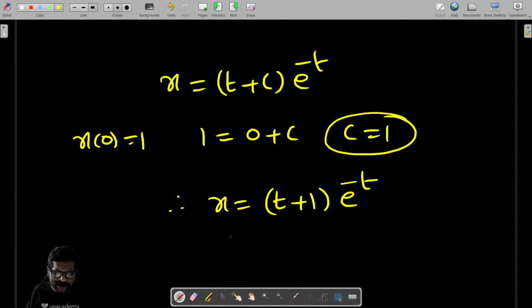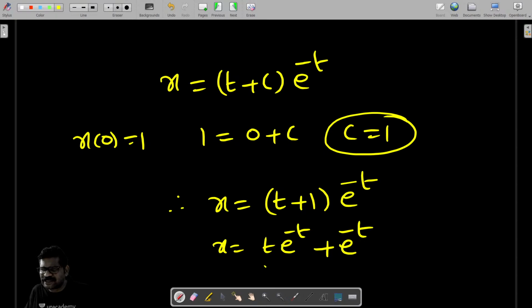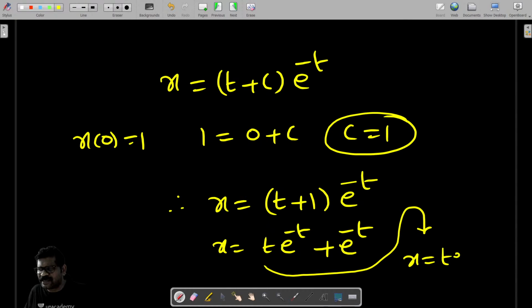The same solution you can write in this manner: t into e power minus t plus e power minus t. So this can be written as x equal to t into e power minus t plus y.